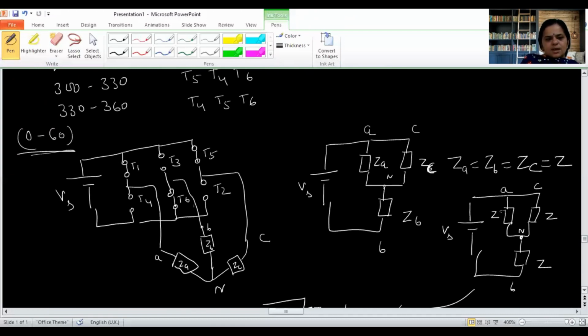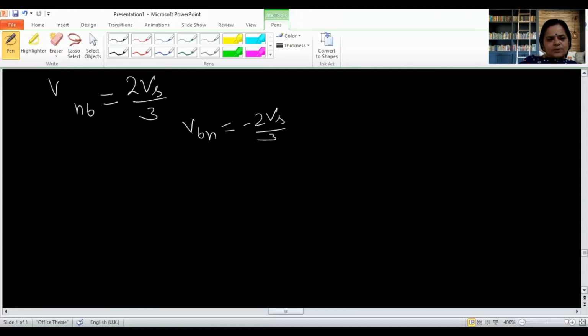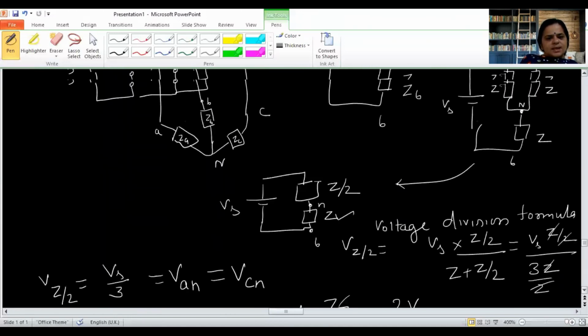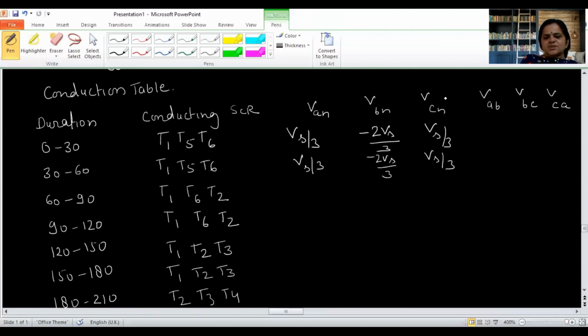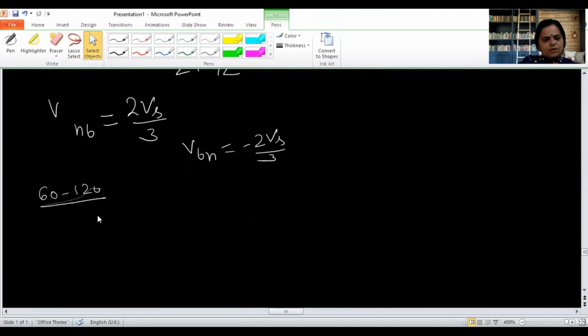Now let us come to 60 to 120. Next duration is 60 to 120. Now in 60 to 120, what are the SCRs conducting? The SCRs conducting in 60 to 120 are 1, 6 and 2. So what will be the power circuit diagram? It will be like this.